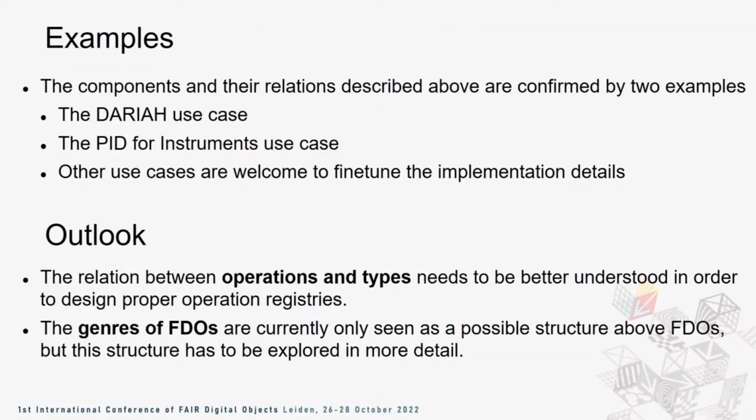And these we can now, in this framework, make into FDOs by adding profiles, because these profiles exactly disambiguate and describe the human readable attributes or types used in these PID records.